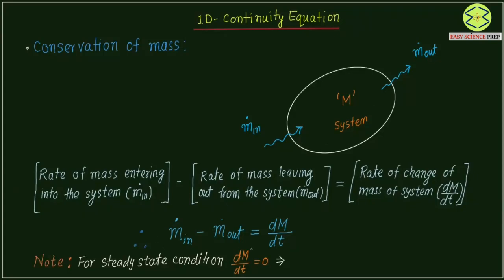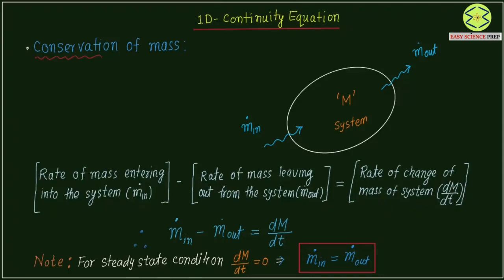Then this equation, which indicates the conservation of mass, will be modified as: the rate of mass entering into the system is the same as the rate of mass leaving from the system. So for steady state condition, m dot in, that is mass entering into the system, must be equal to the mass leaving out of the system. This equation is very important, that is m dot in equals m dot out.